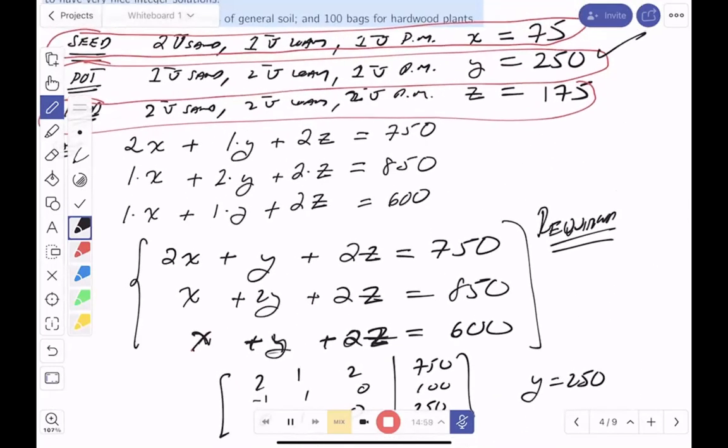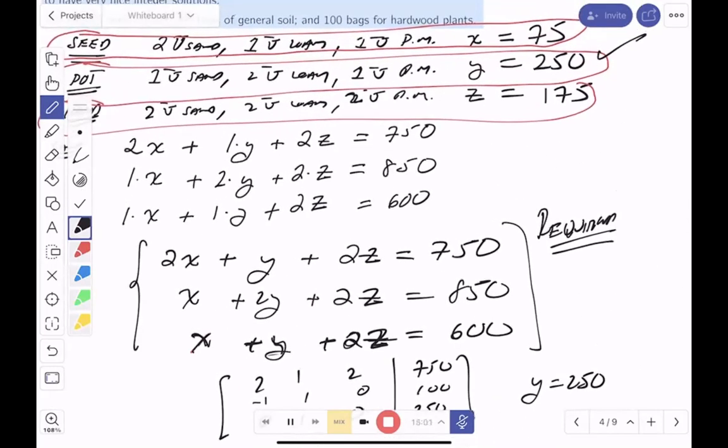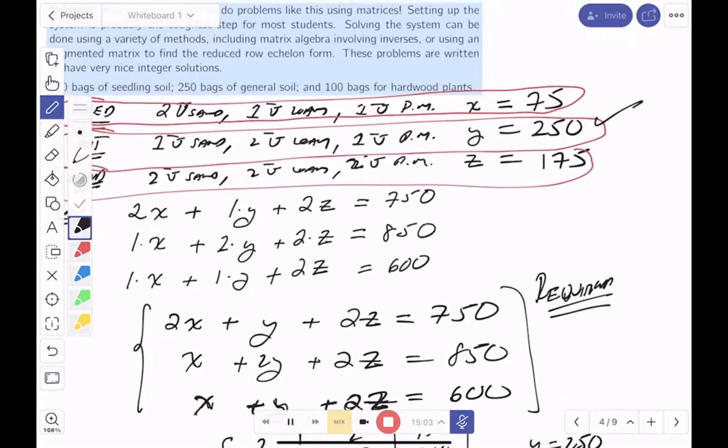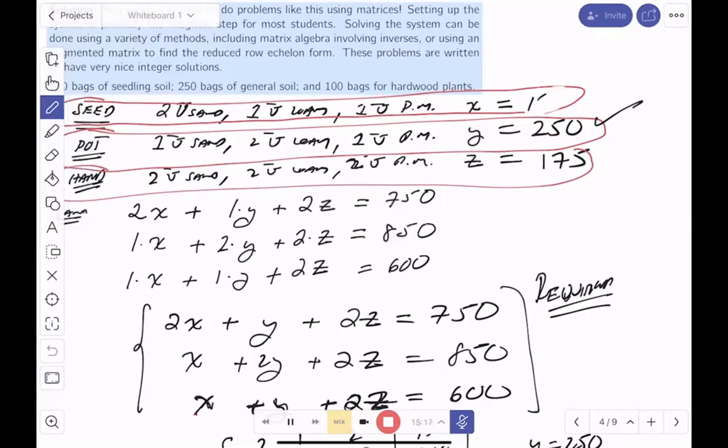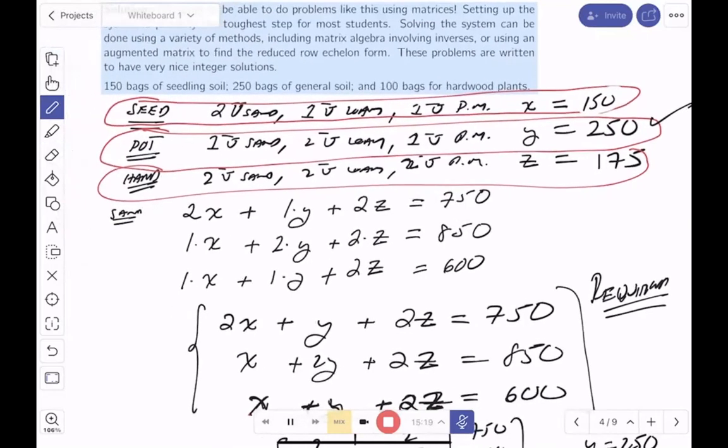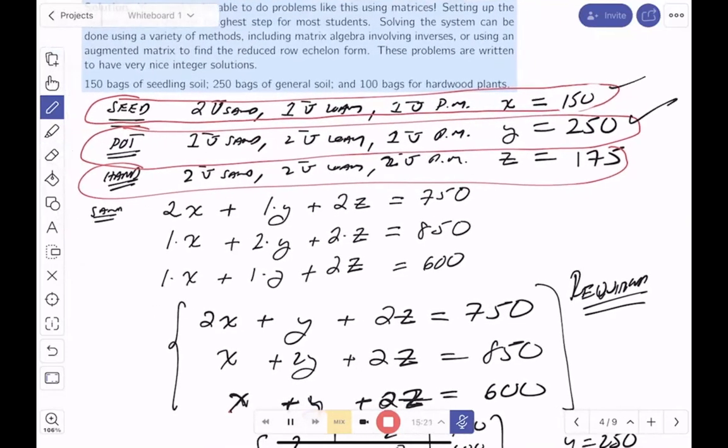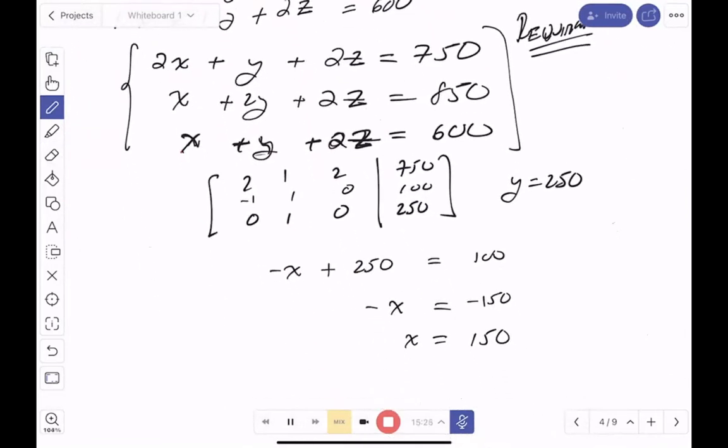Let's see if I did. And I'm going to erase that. I made a mistake before, but I guess I'll erase that now. And let's see if I got that. Yeah, I got that now. And let's see if I get the other one, all right? I'll take that first row.